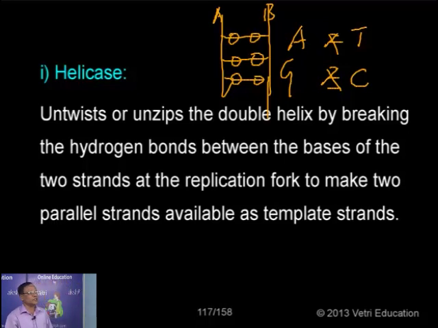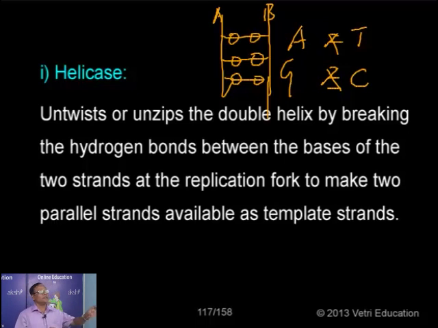By breaking the hydrogen bonds, they separate the 2 strands, forming the replication fork. I will come to this replication fork later, where the proceedings of replication occur. The fork formed because of the separation of the 2 strands is known as the replication fork.